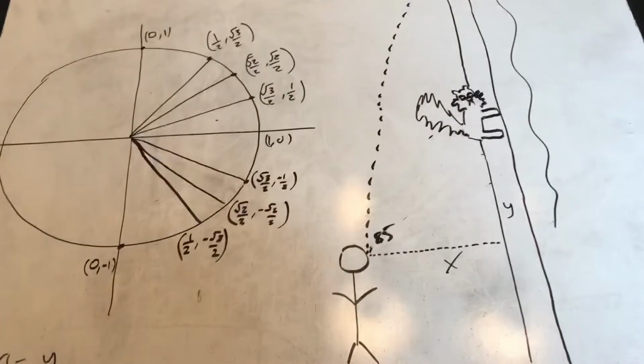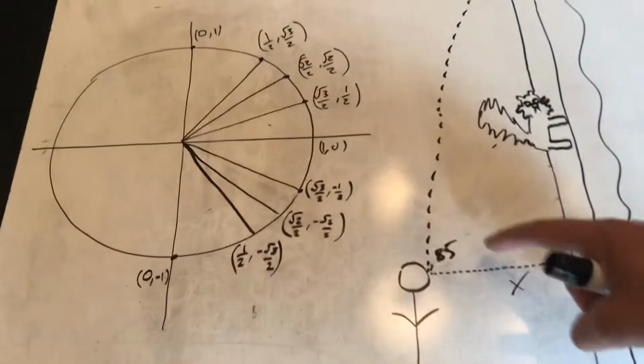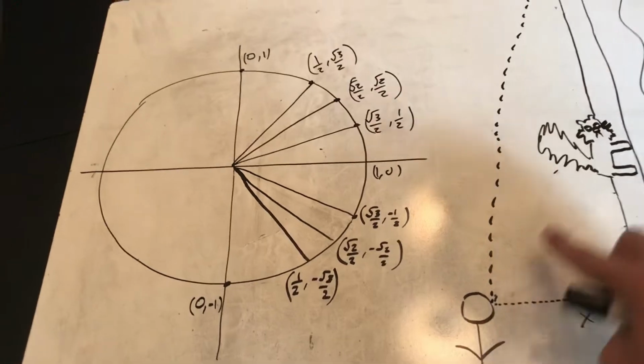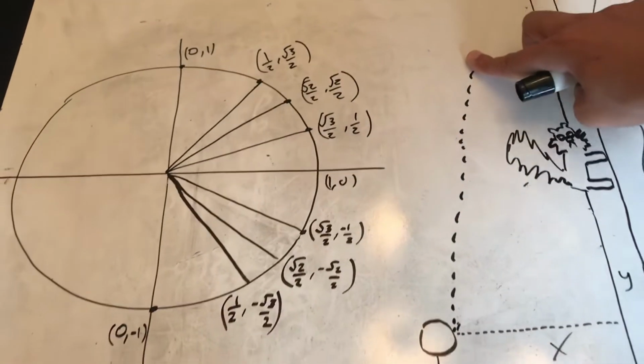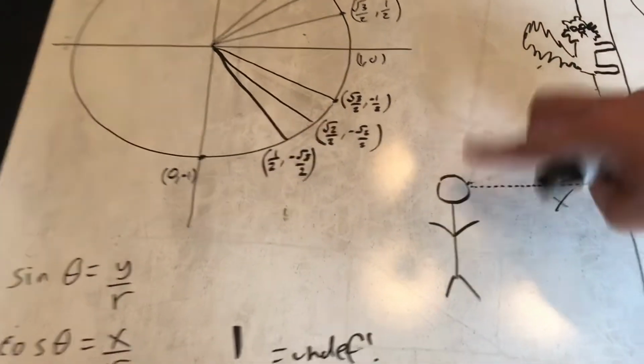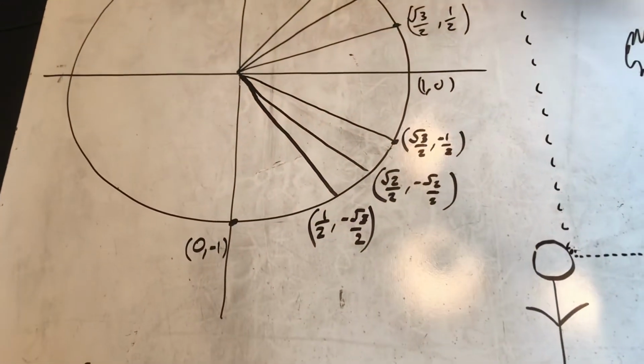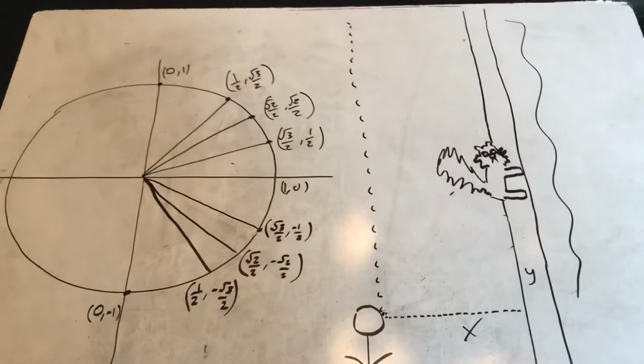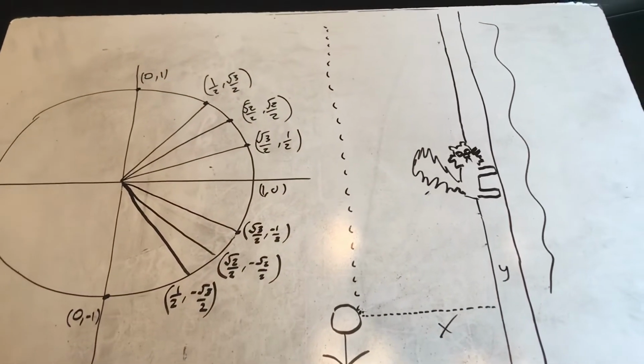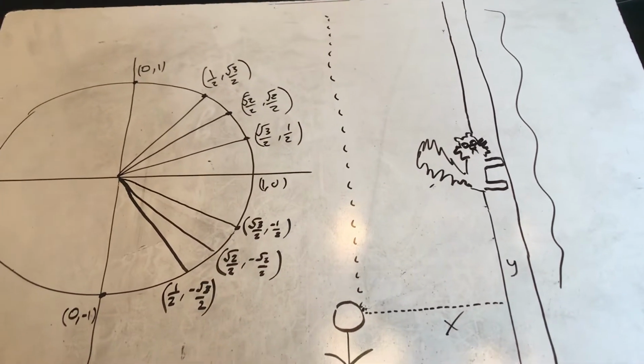So imagine what's going to happen if this person's looking up at a 90-degree angle. Think about what's happening. The person is looking straight up, okay? That side's never going to get to the pole. And as a result, you're never going to have a triangle, okay?